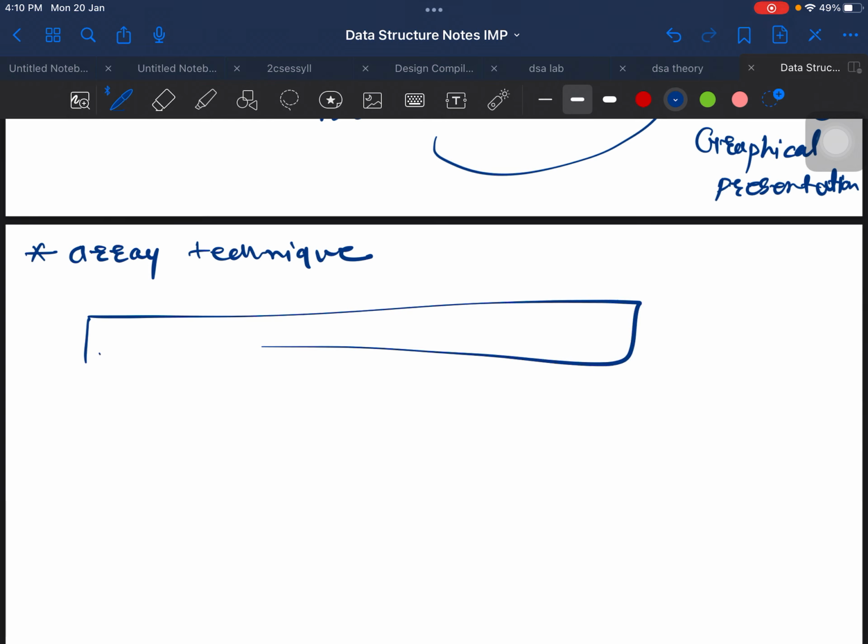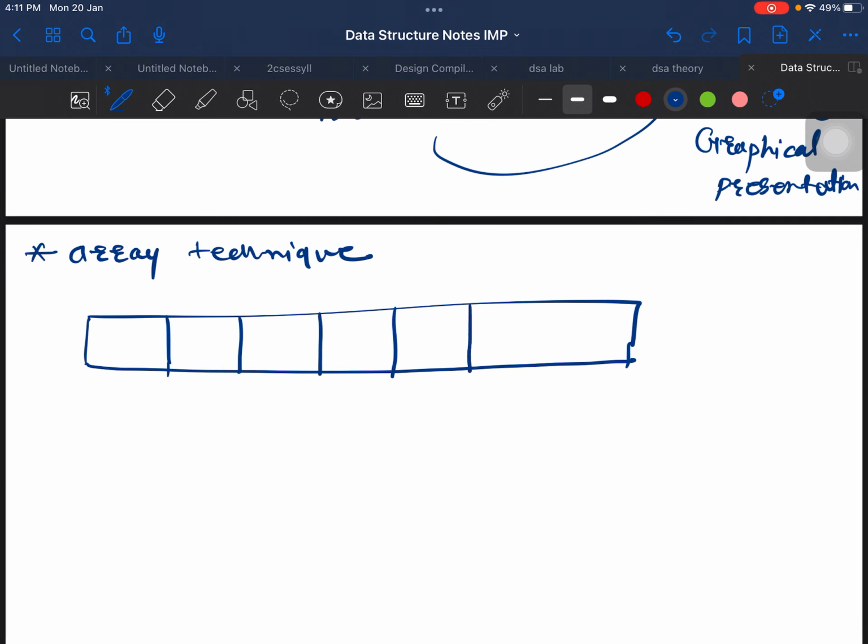So here I am drawing one array. This is a very big array because I have to do lots of changes here. Here I am drawing 8 different blocks.